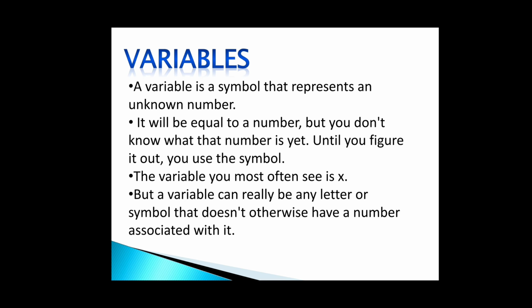Symbols can be anything, x, y, z, m, n, okay? All these alphabets that we use are generalized to be variables. The variable we most often see is x, but a variable can really be any letter or symbol that doesn't otherwise have a number associated with it, okay?